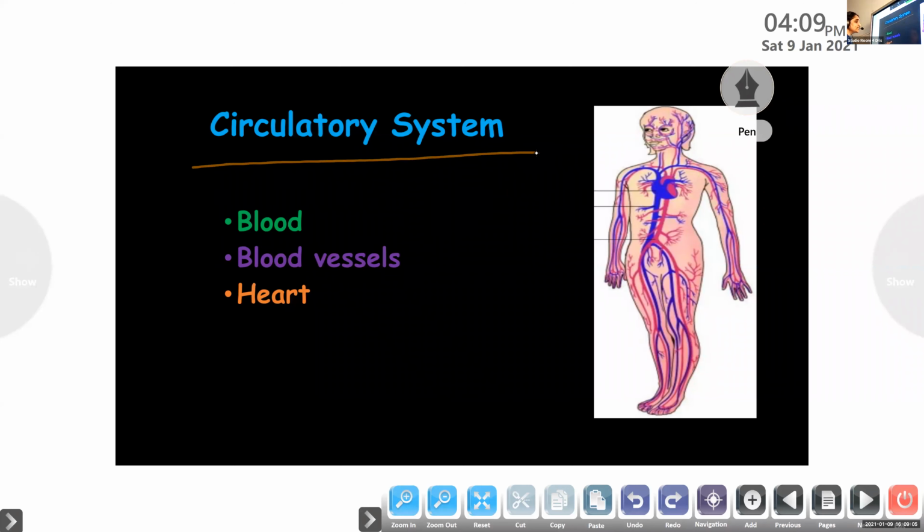First, we can see which are the parts of the circulatory system: blood, blood vessels and heart. These are the three parts. Afrin, how many parts are there for the circulatory system? Three parts. Which are they? Blood, blood vessels, heart.